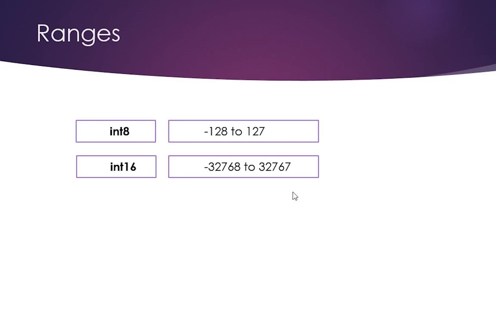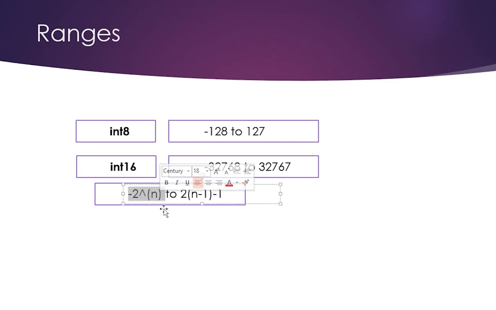There is a formula for that, and it is this formula. You can calculate the values of these bits by using this formula. This is for negative and this is for positive, and you will see the n here. You have to put 8 here in the case of int8, and if it is int16, you have to put 16 here. As simple as that. That was just for the integer, and now let's move to the unsigned integer, or uint.